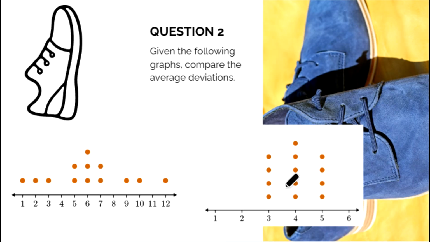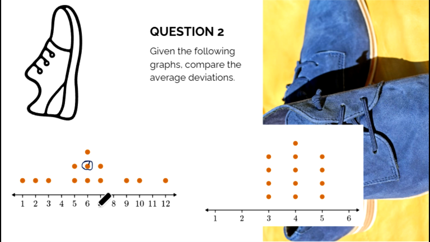Question number 2. Given the following graphs, compare the average deviations. This is all you. Pause it, figure it out, come back. First thing we have to do is figure out the mean for both of these. 1, 2, 3, 4, 5, 6, 7, 8, 9, 10, 11, 12, 13. Half of 13 is 6.5. 1, 2, 3, 4, 5, 6.